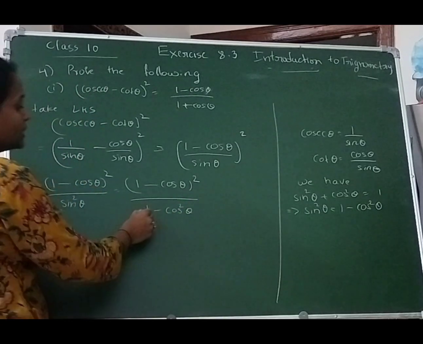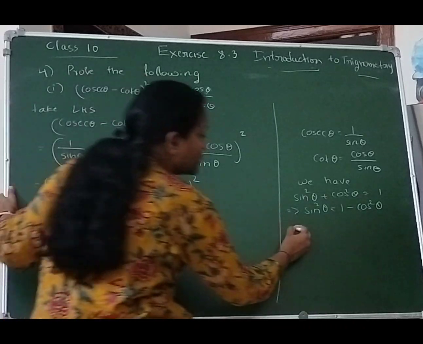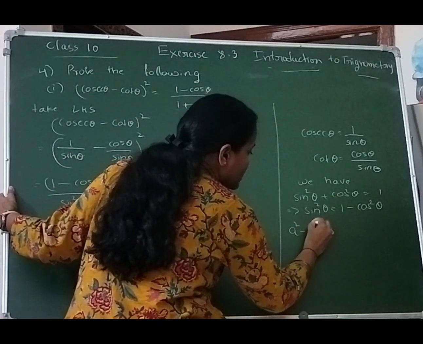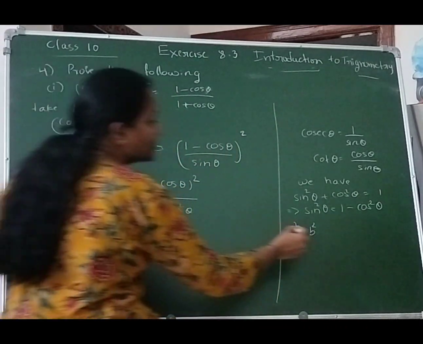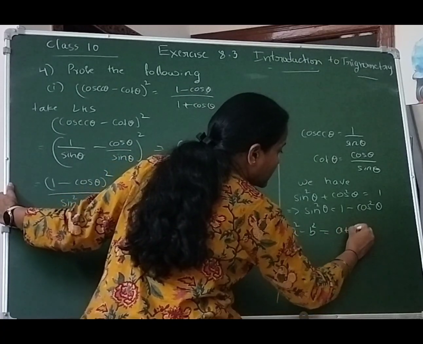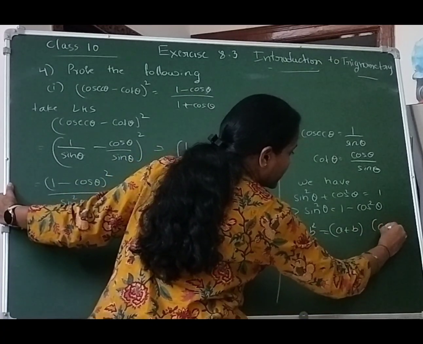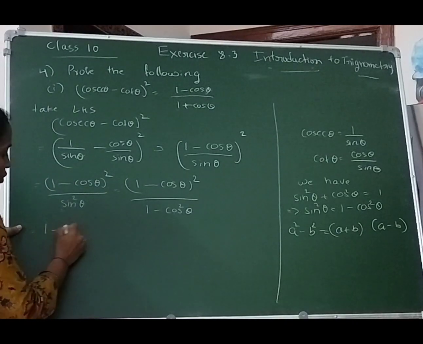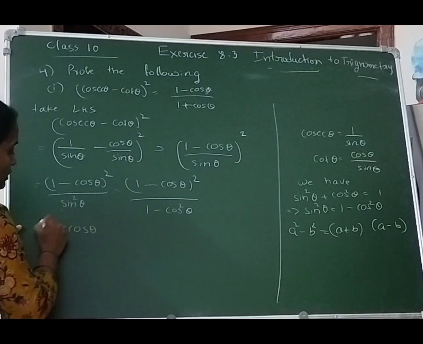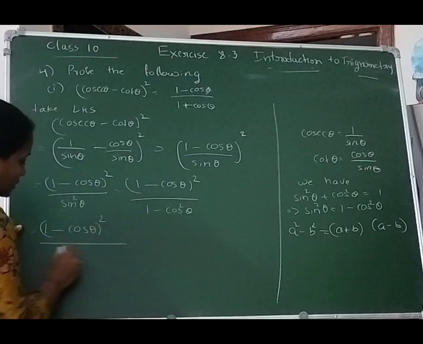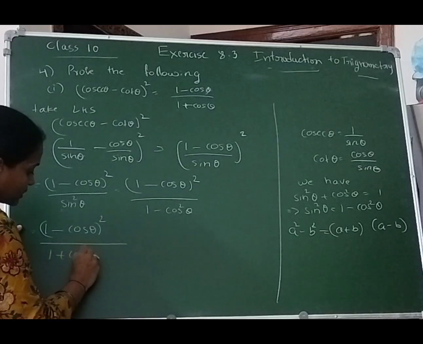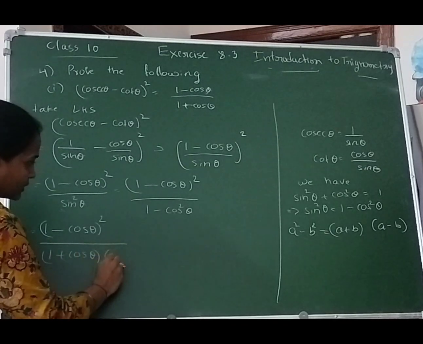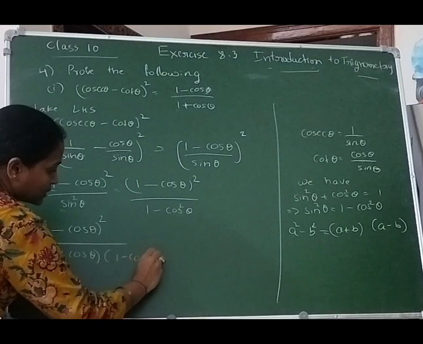Let's observe the denominator: it is in the form of a square minus b square, so we use the identity a plus b into a minus b. The numerator we keep as it is, 1 minus cos theta whole square, and the denominator becomes 1 plus cos theta into 1 minus cos theta.